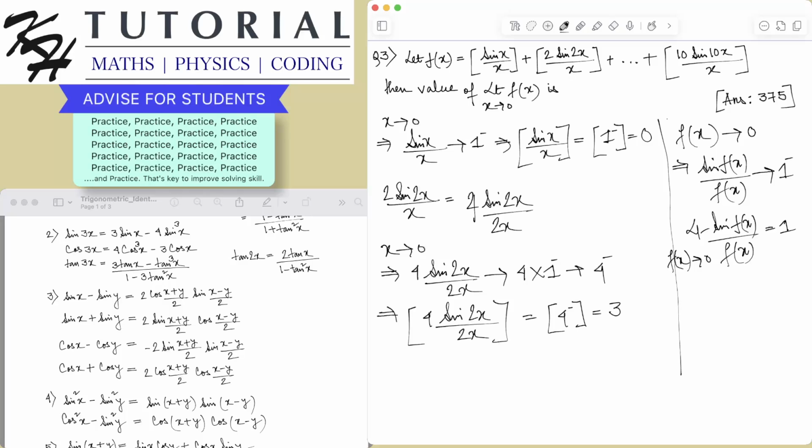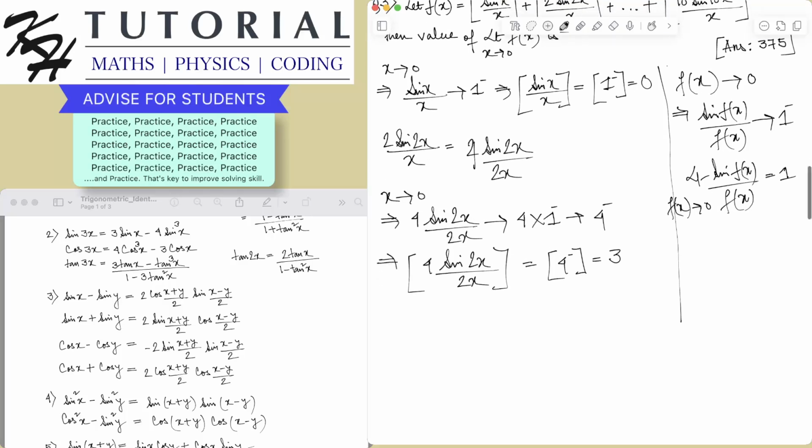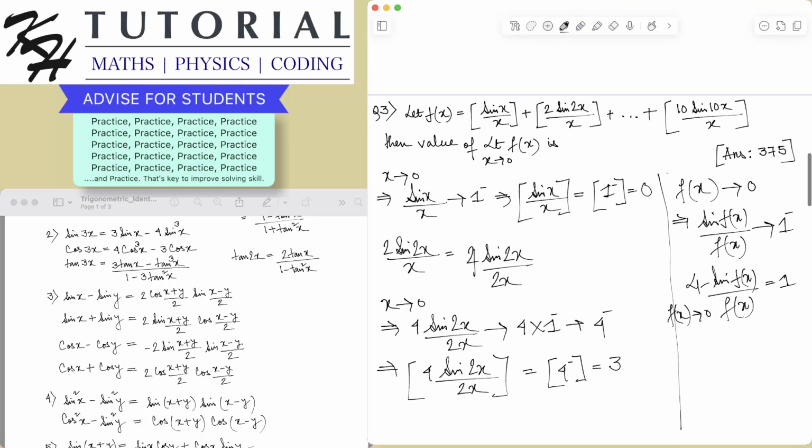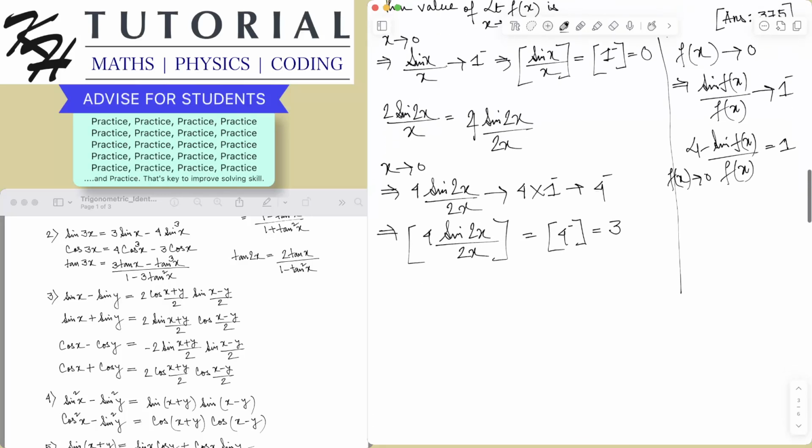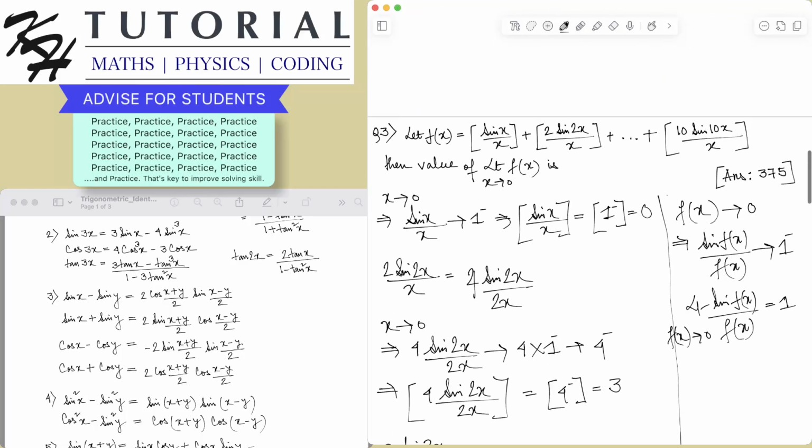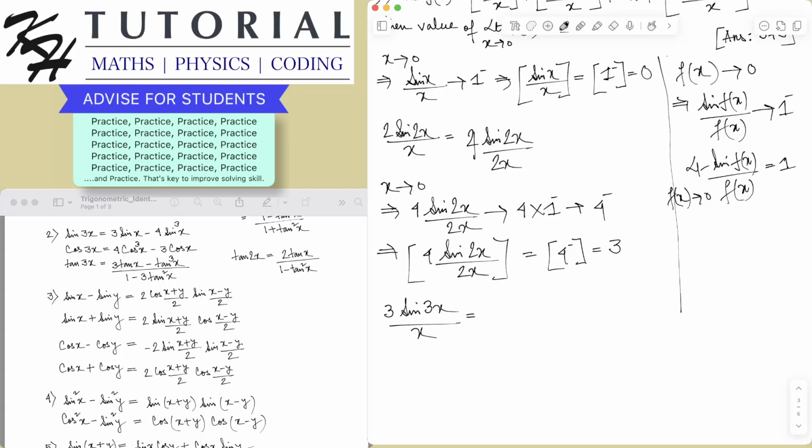So what will be the third term? The third term is definitely 3 into sin 3x by x. So 3 into sin 3x by x can be rewritten as 9 into sin 3x by 3x.